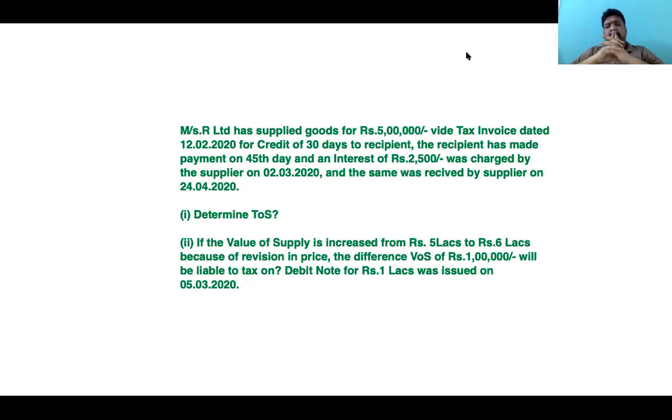Read through this. There is a change in the value of supply. The value of supply is going to be increased from 5 lakhs to 6 lakhs, which technically you're altering the original invoice itself because of a renegotiation in prices. Is it possible? In industry, yes, possible.